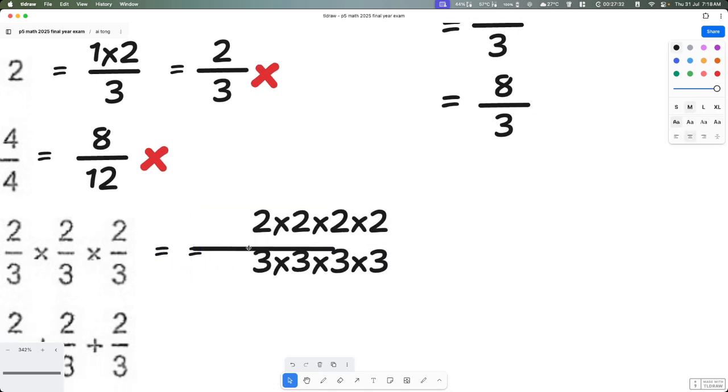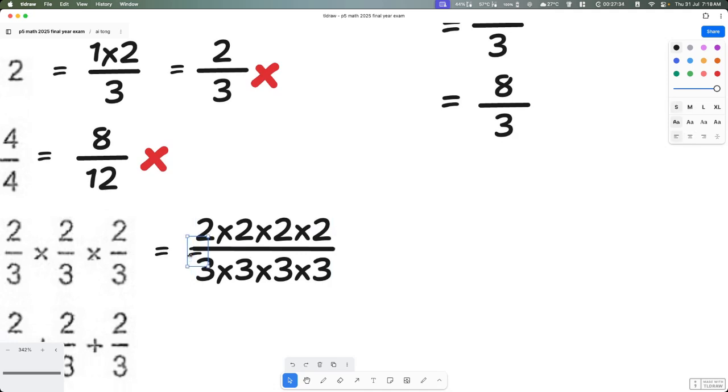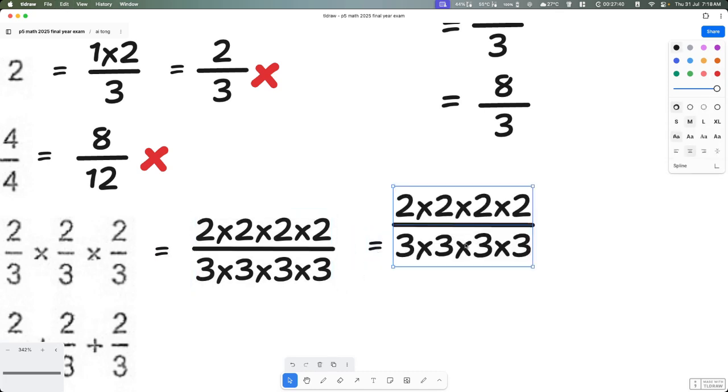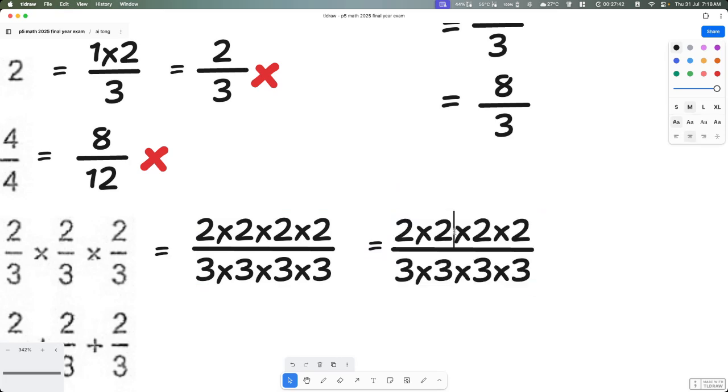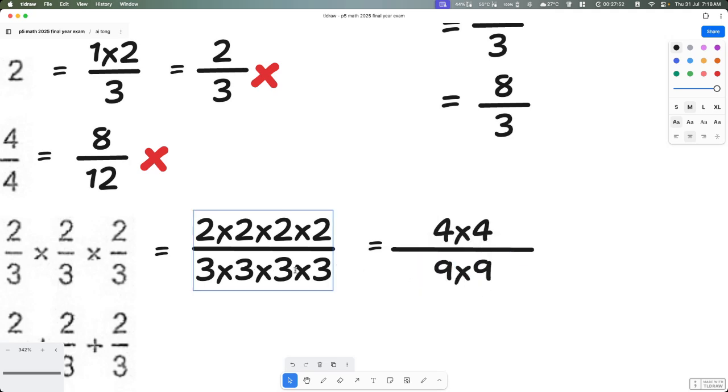Okay, so essentially, let me just copy this and paste this. Easier way is just to put this as 4 times 4 and then this is 9 times 9. So 3 times 3 times 3 times 3, so 9 times 9 in this case. So what will be the answer?